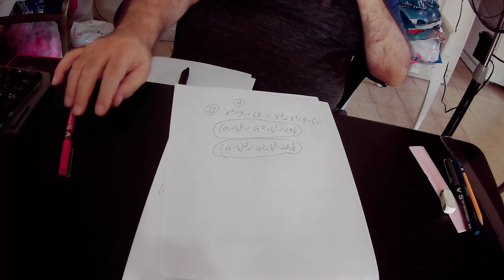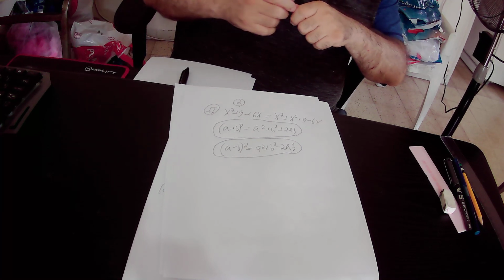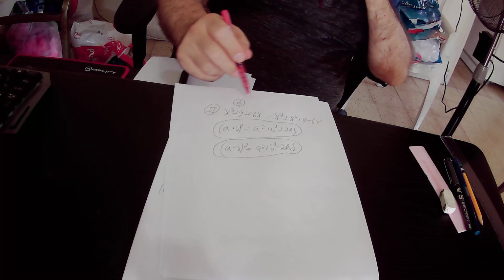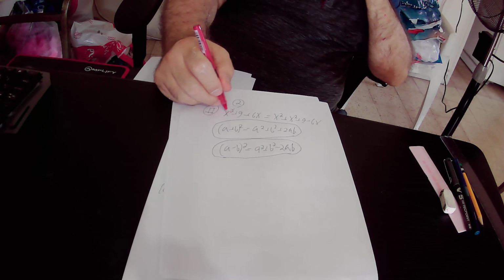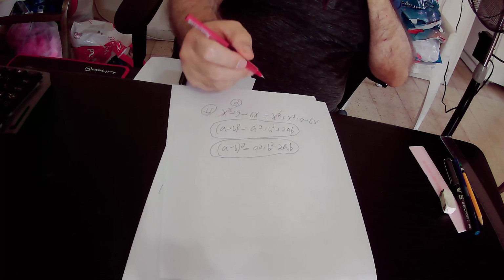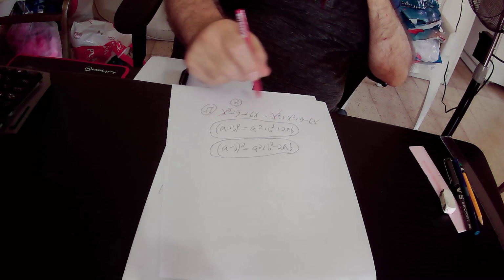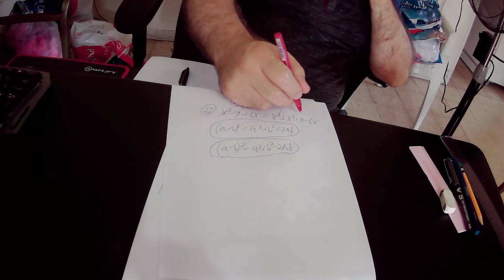Okay, so here we have x squared in both sides of the equation, so x squared is cancelled, and we have 9 in both sides of the equation, so 9 is also cancelled.